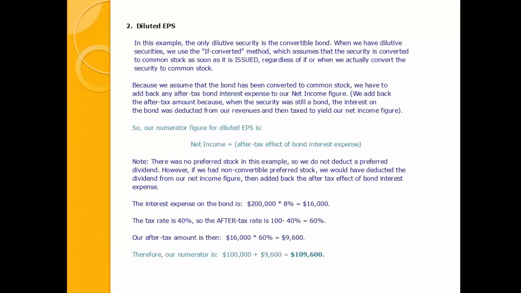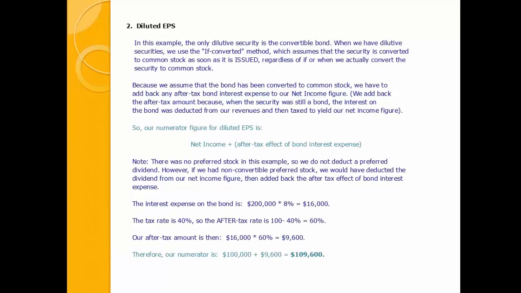Our numerator for the diluted earnings per share is net income plus the after-tax effect of bond interest expense. So this is the numerator, the top number. There was no preferred stock, so we do not deduct any preferred stock dividend.